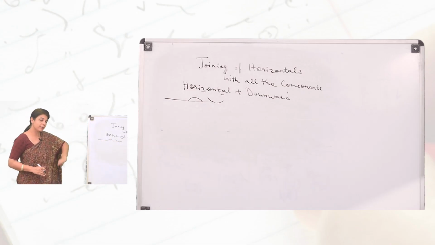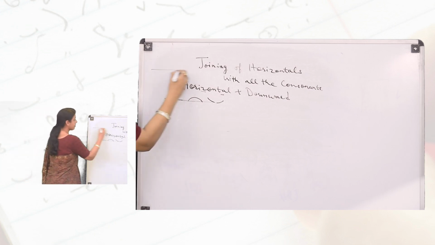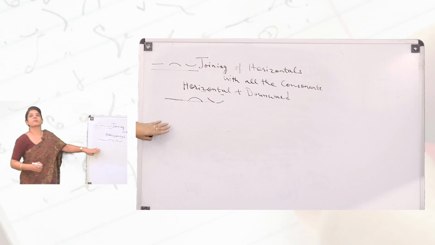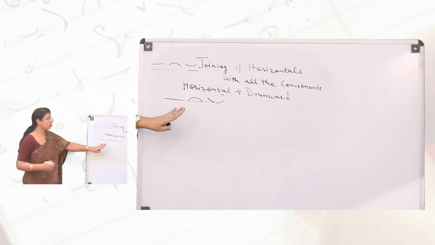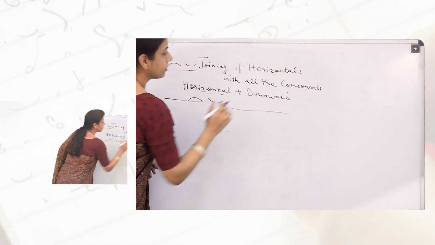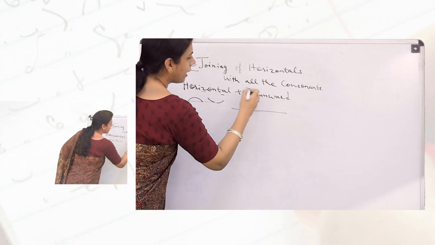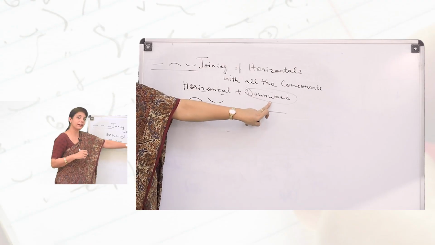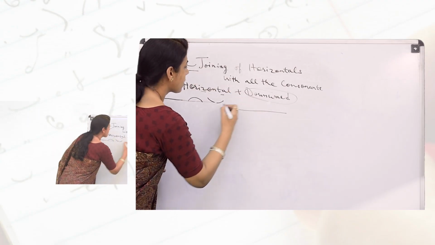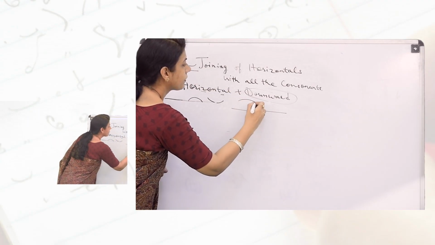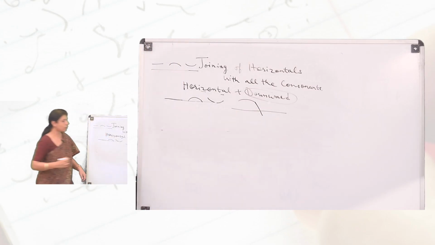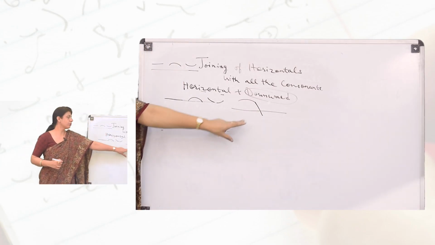We can easily write them above the line like this, but we cannot represent them through the line. So what we need to do in this combination, we have to make sure that this is resting through the line. And if this has to rest through the line, then we have to start our horizontal from above the line so that our downstroke can be represented through the line.